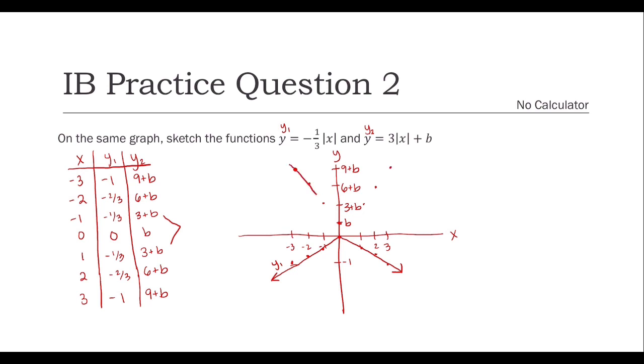So here is our y2 function. So here we just have some number b on our y-axis. We can't even draw it to scale because we don't know what b is, but our y2 will start at that number and then go up 3 more, up 6 more, up 9 more from the original one. So here's our quick sketch of these functions.